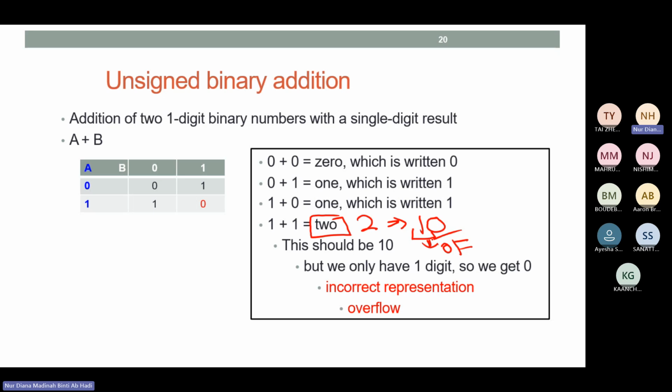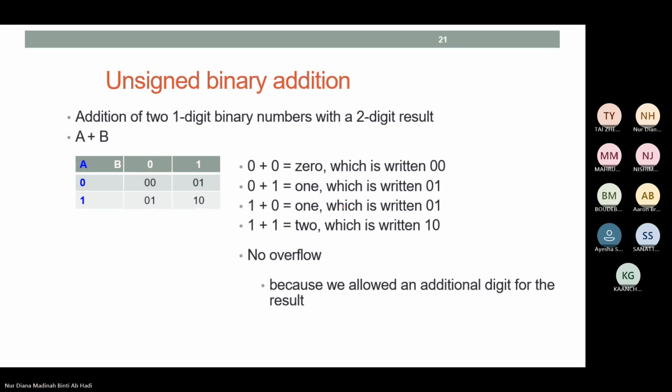Since we have overflow, it would become an incorrect representation. So that's why they ask us to have a two-digit output. When we have a two-digit output, it means that we have extra space and there would not be any overflow issues occurring.